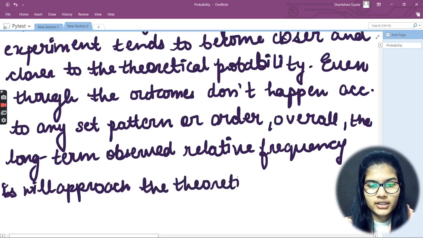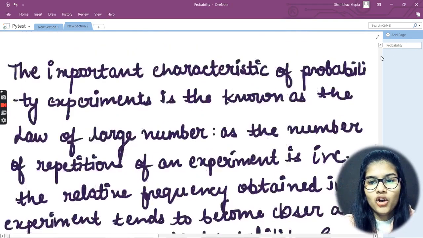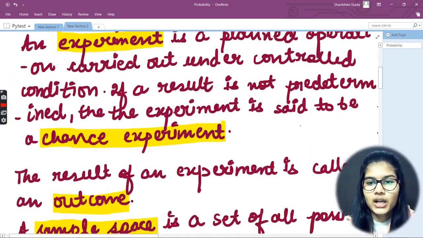I'm just simply writing up the short form for the probability like this. Okay, the theoretical probability. Fine. So this is the law of large numbers, which we do actually have up here.